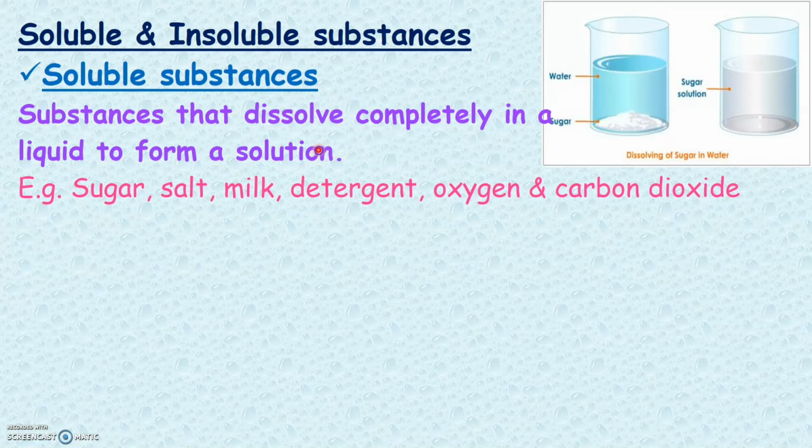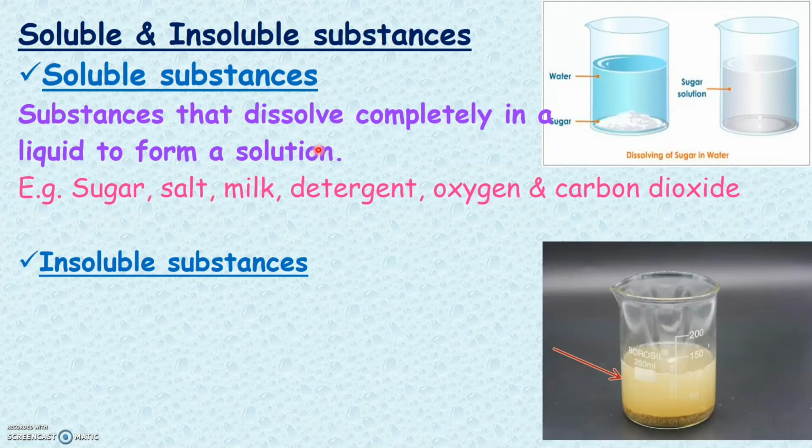Now let us see what are insoluble substances. Just opposite to soluble substances, insoluble substances do not dissolve completely in a liquid. Now look into this picture here. Here we have taken sand and mixed it with water. What do you observe here?